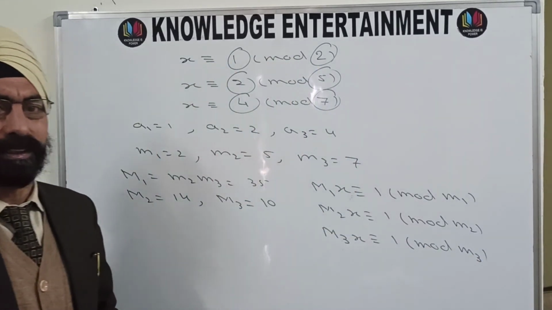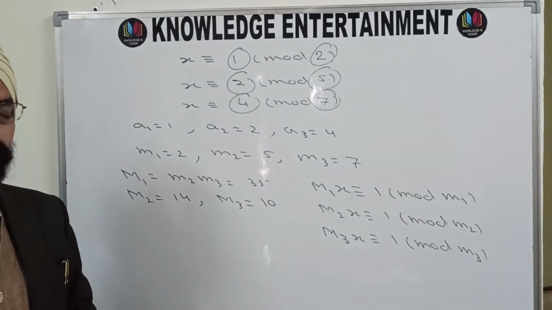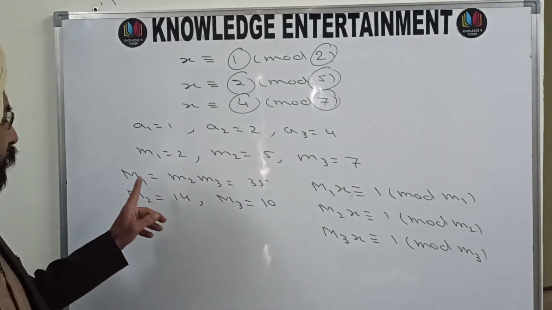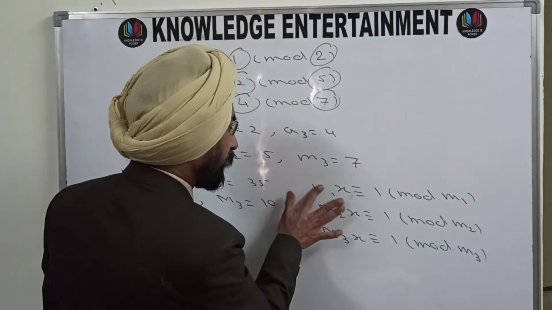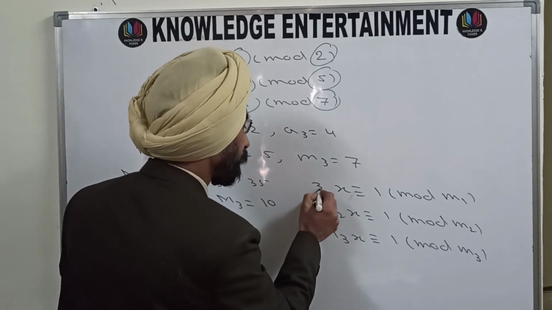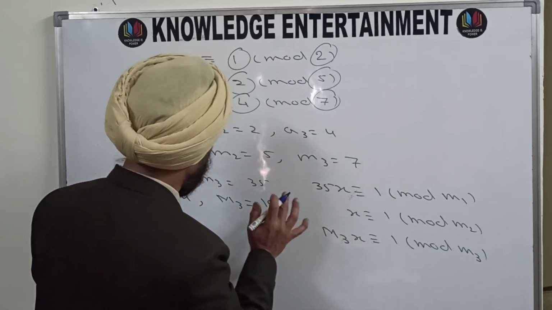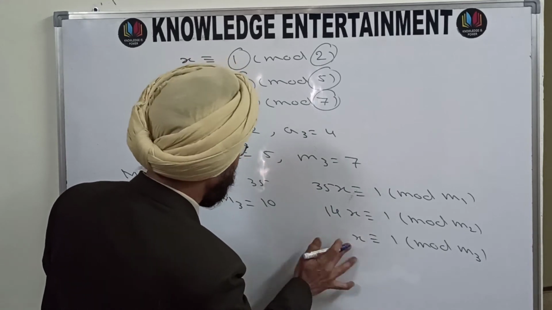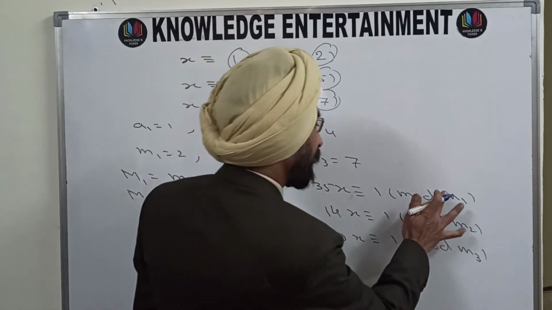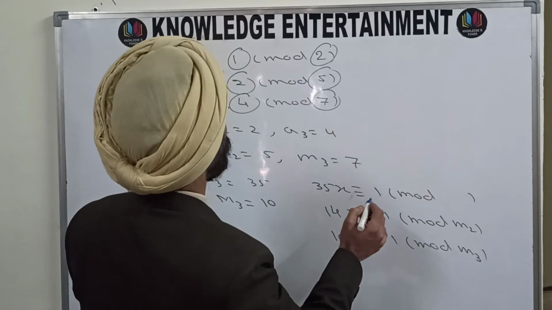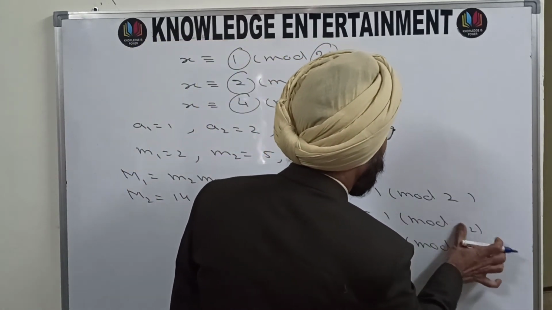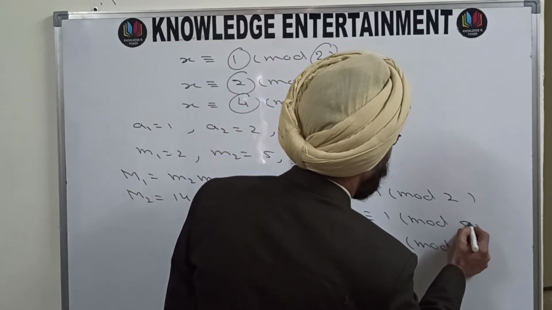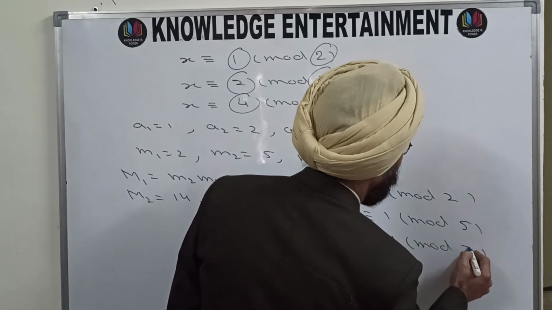Consider these equations and substitute the values you know. Your M1 is 35, M2 is 14, M3 is 10. Small m1 is 2, small m2 is 5, and small m3 is 7.